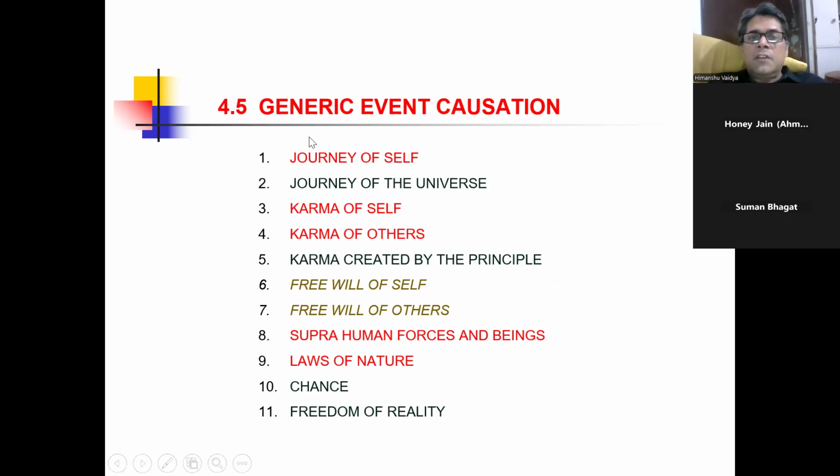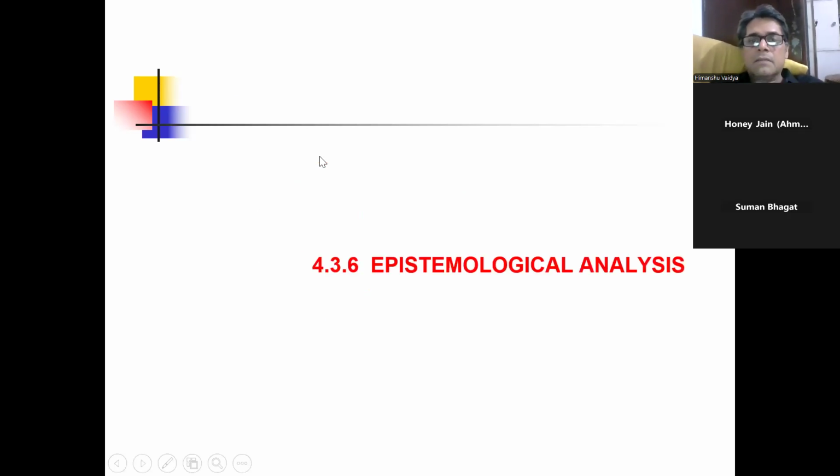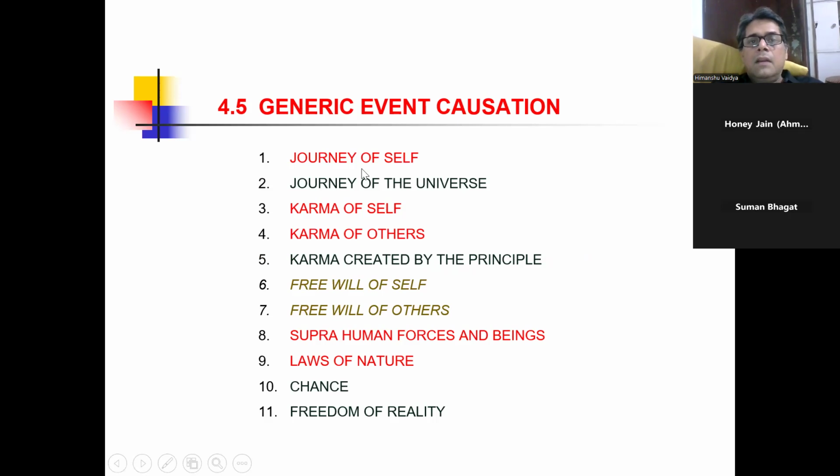Is it because of journey of self that he had to experience this? Is it because of karma of self, karma of others, free will of self, free will of others, and so on? And this includes suprahuman forces and beings, which the Eastern approach takes very seriously as one of the causal factors in pathology.